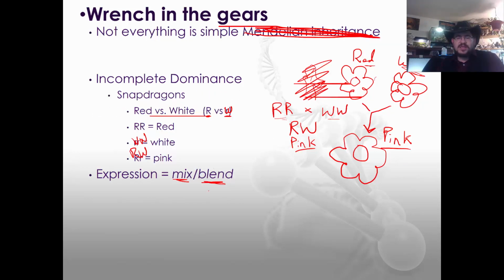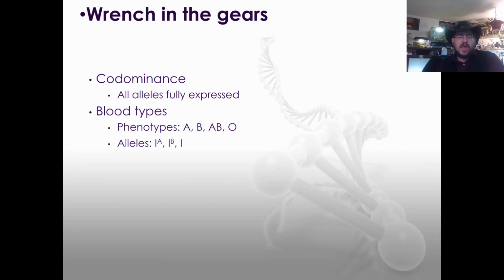We can separate this from codominance. My next slide apparently doesn't have any animation, so it's all just on there. In codominance, all the alleles are fully expressed. All alleles fully expressed. So let's talk about how this is different from incomplete dominance, right?